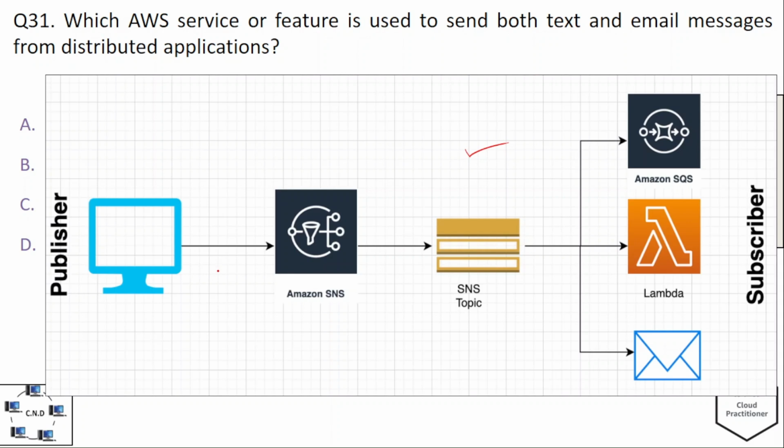And this is the diagrammatic representation of the Amazon SNS service. So here is the publisher, and it uses the Amazon SNS service to publish the notification to different subscribers such as AWS Lambda or email messages.